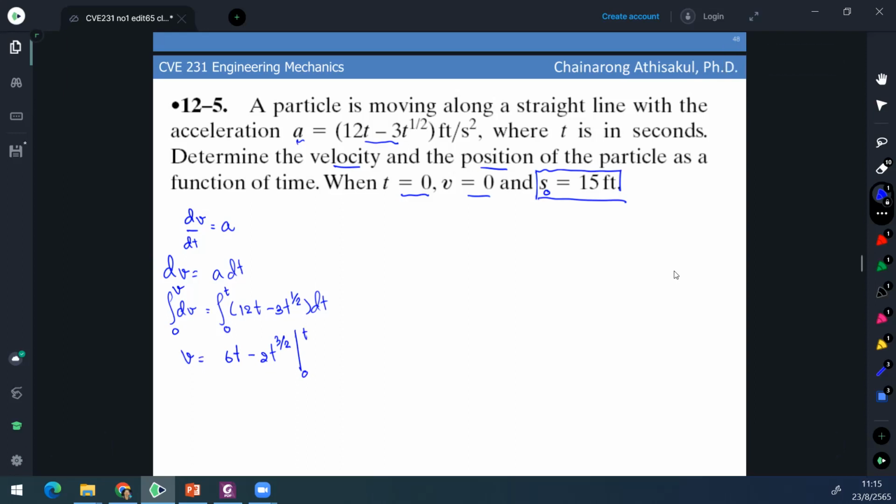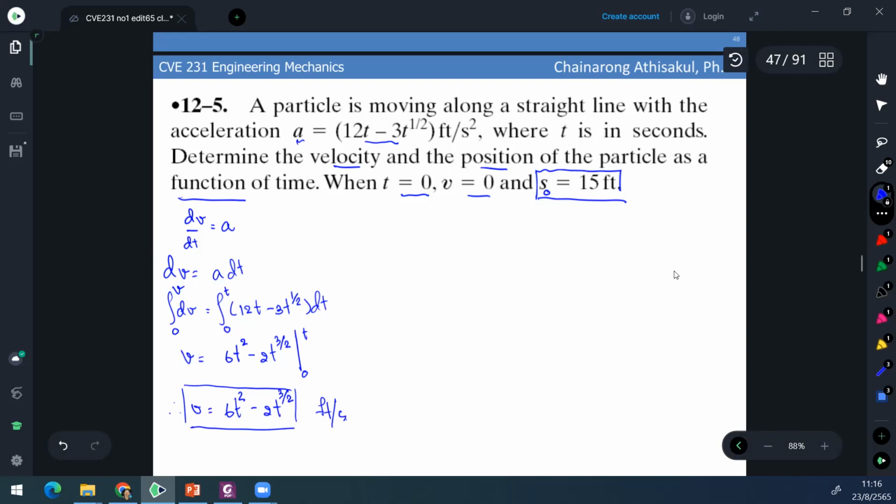So then we have the velocity function. We would like to find the velocity function. That is how we have v equal to 6t squared minus 2t power 3 over 2 foot per second. This is the velocity function that we obtain.